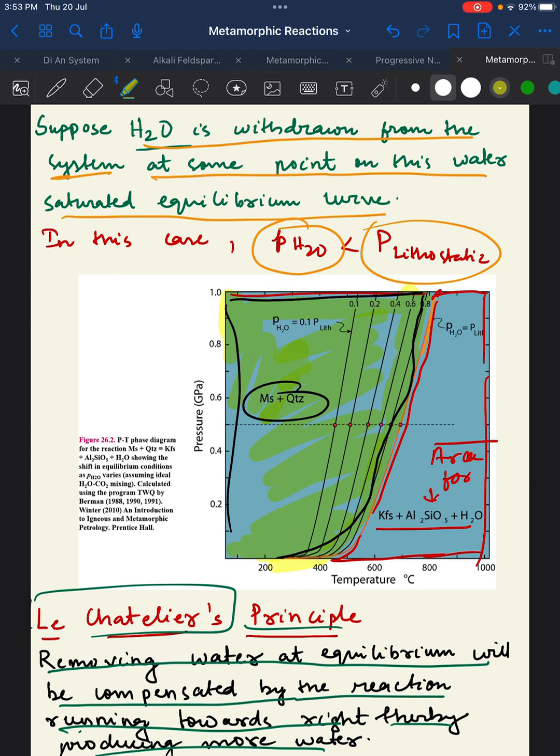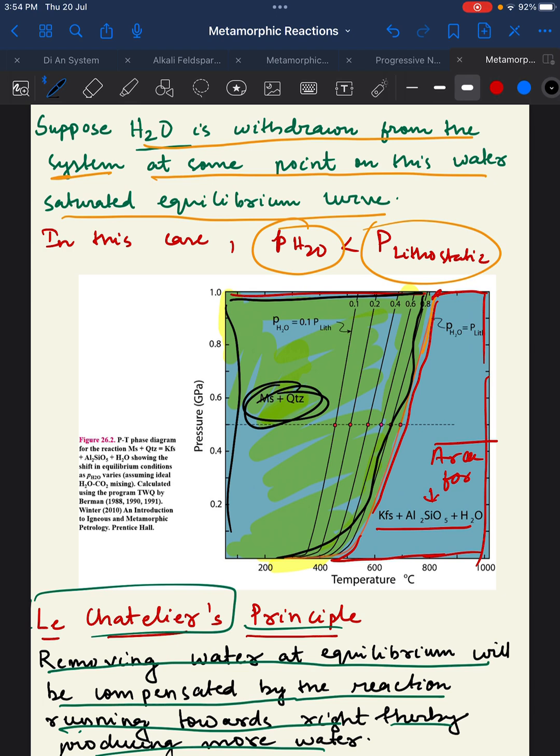Now I have removed water from the system, so the system will move, thereby producing more water. If it produces more water, then the amount of muscovite and quartz in the system will be consumed.